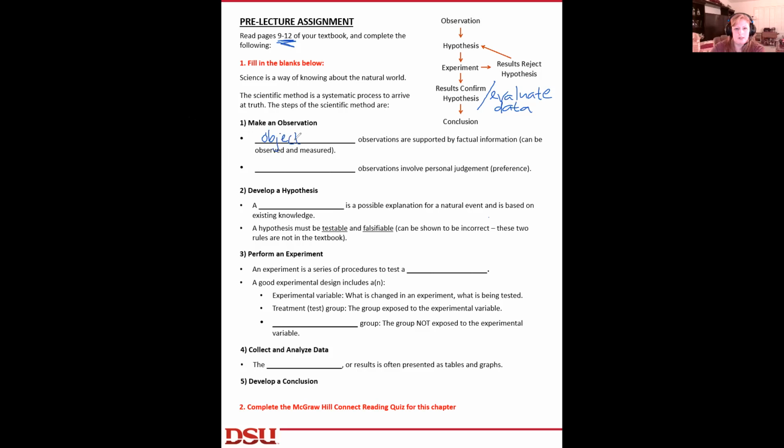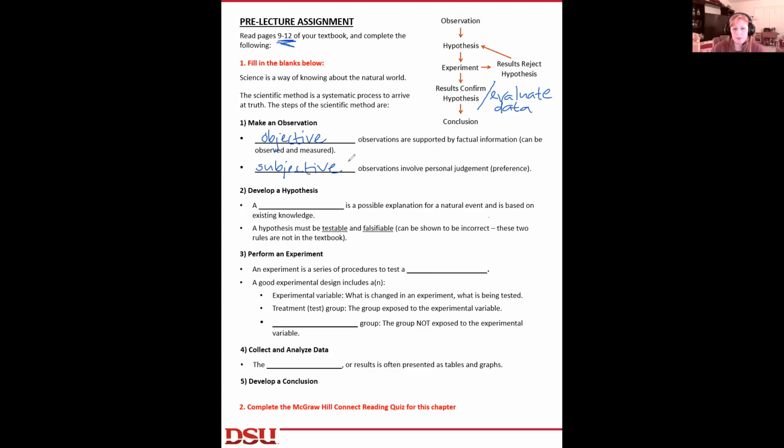Objective because somebody else could look at the same thing that you're looking at and also see those same things and be able to take those same measurements. The opposite of this is called subjective. So subjective observations are really based off of personal opinion and preference.